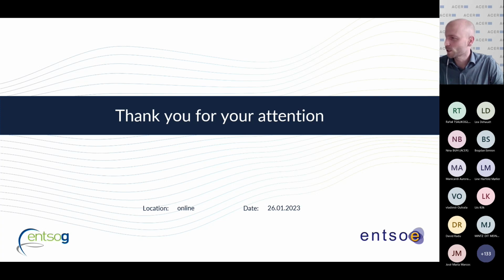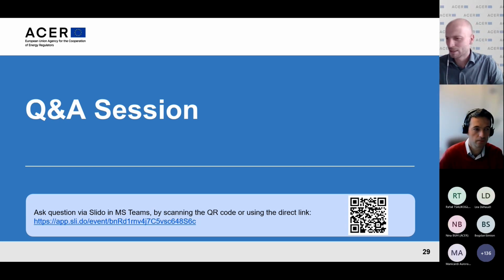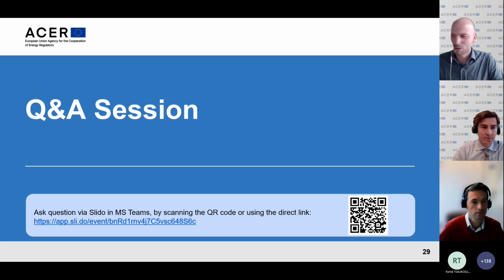We have a couple of questions in the Slido. There are also some more general comments than questions, but I would first jump to the questions. I think maybe the first one is quite relevant and up to date, but maybe in need of explanation, especially looking at ENTSOG colleagues, because it mentions LNG terminals.